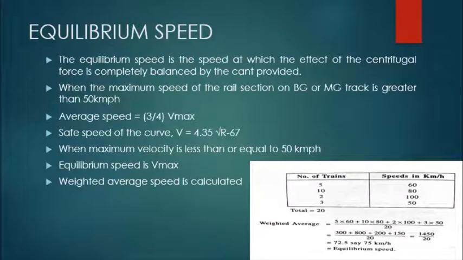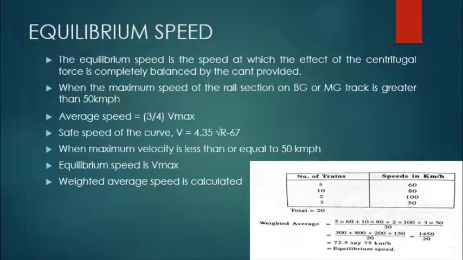And the next topic is equilibrium speed. The equilibrium speed is the average speed under an average condition of level tracks. Or the equilibrium speed is the speed at which the effect of centrifugal force is completely balanced by the super elevation provided.